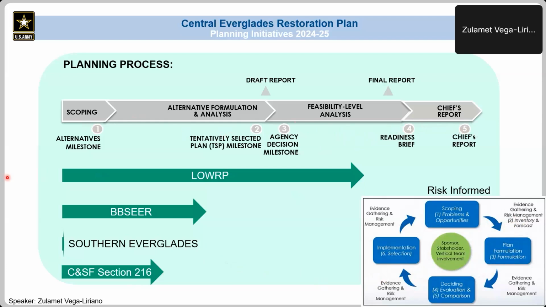It is important to mention that each iteration helps to highlight key areas where additional critical information can be obtained to reduce decision risk. That critical information can be obtained in each of these in-between steps of the planning process, and is represented here in this graphic in the lower right as evidence gathering.